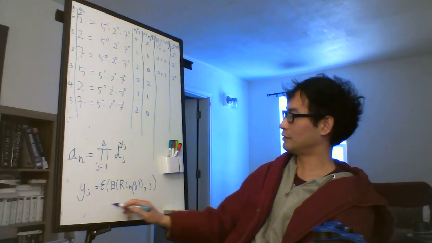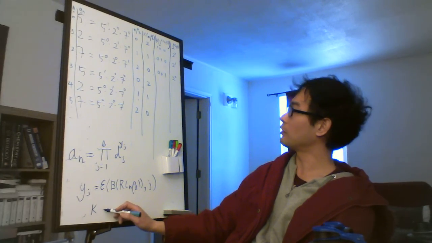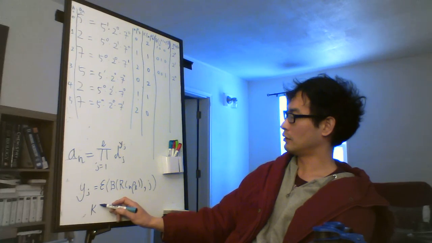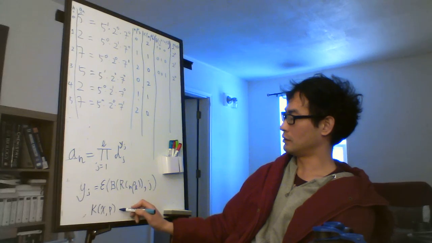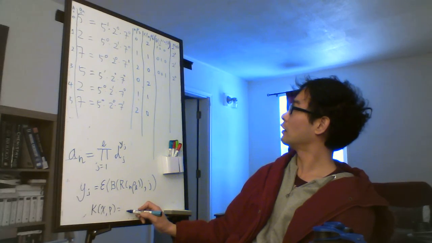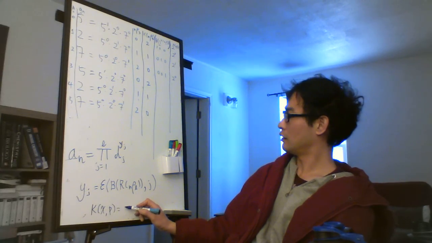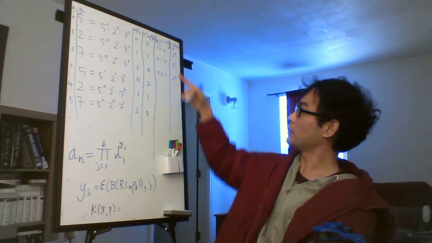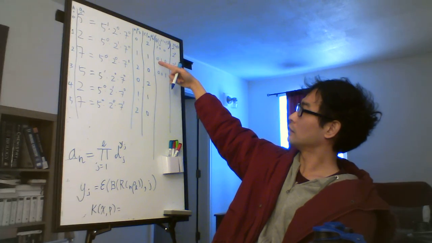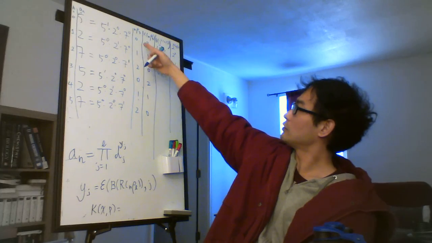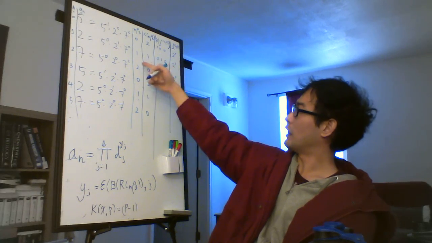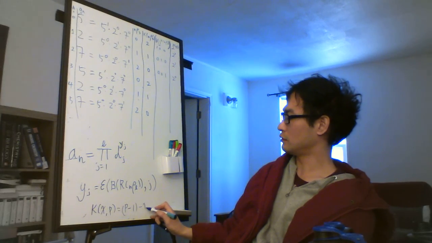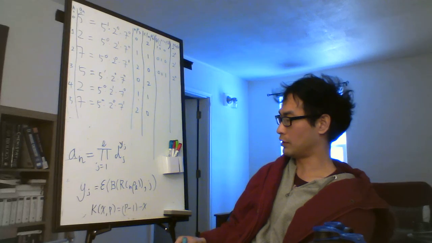What is complement? Complement of x comma p is equal to, so period is 3, right? We add this together, it becomes 2. So p minus 1, so 2 minus x. Okay, so that's the complement function.